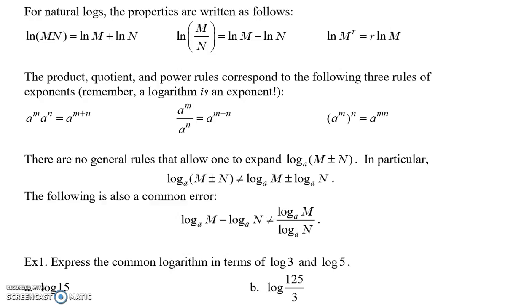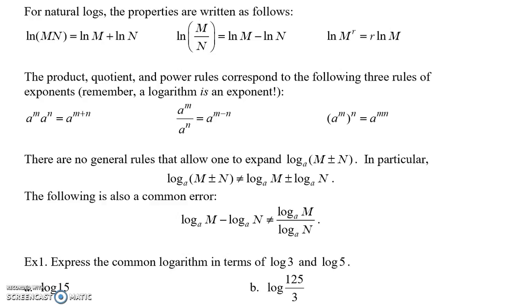Now, the rules of logarithms are directly related to properties of exponents that you're already familiar with. Remembering, of course, that a logarithm is an exponent. So logarithmic properties are directly related to exponential properties. The first property of exponents is that if you have a to the m times a to the n, where the base is the same in both cases, then we can add the exponents.